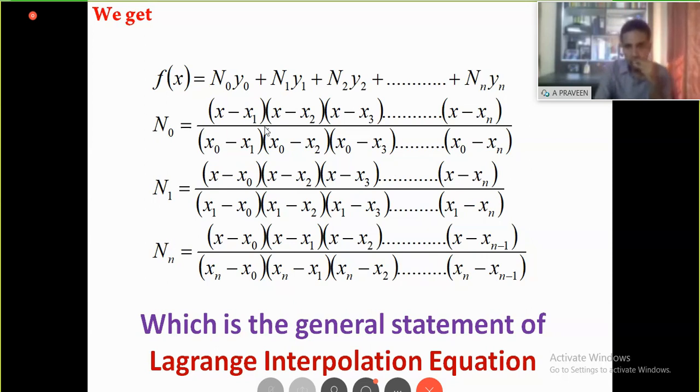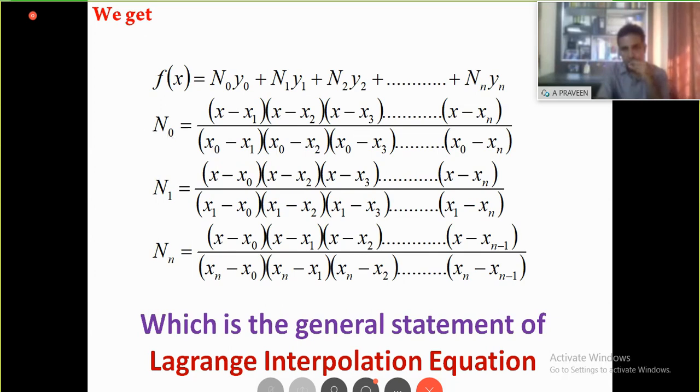If you observe very closely, in the numerator you have x minus x1, x minus x2, x minus x3, up to x minus xn, and in the denominator comes the first value, x naught minus x1, x naught minus x2, and so on. So the top has the variable x, and the denominator has the data values corresponding to this equation.